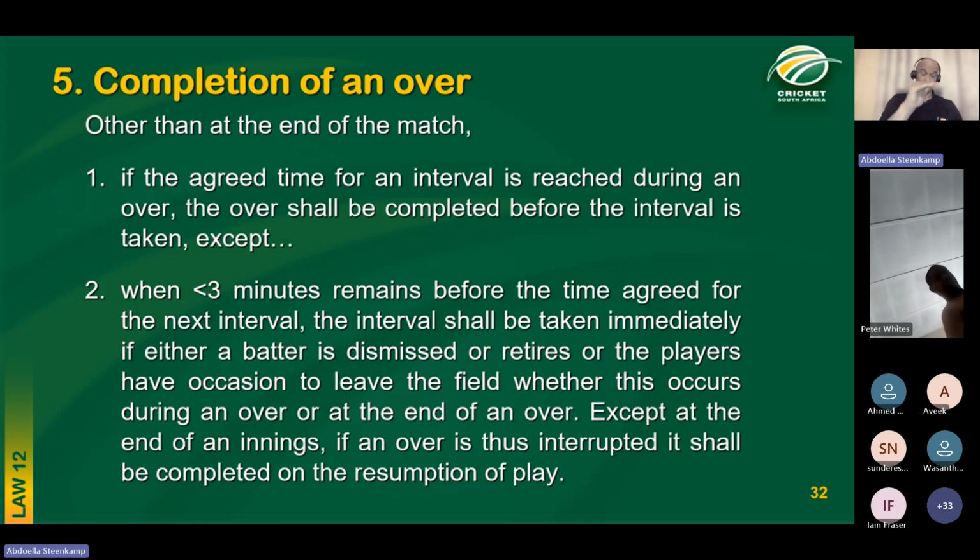And this is where we activate this 12.5.2. It tells us if a wicket falls with less than 3 minutes to go to our lunch interval, or tea, similarly tea, but let's use lunch as an example, we will take lunch immediately. So seeing that the wicket fell at 11:58 and this is 2 minutes to go to lunch, we will then take lunch at 11:58.